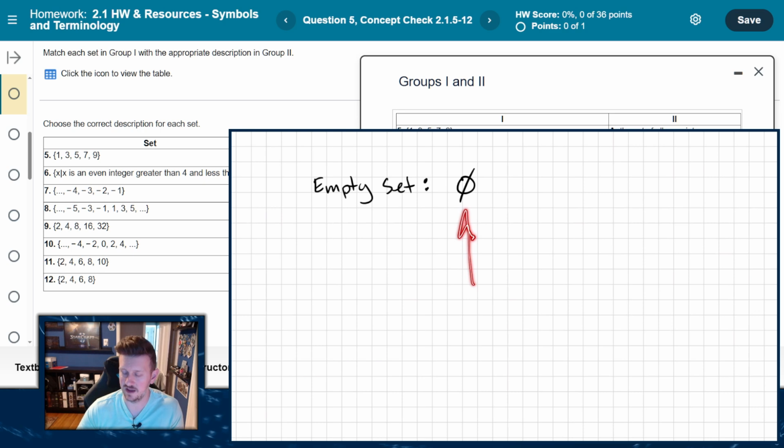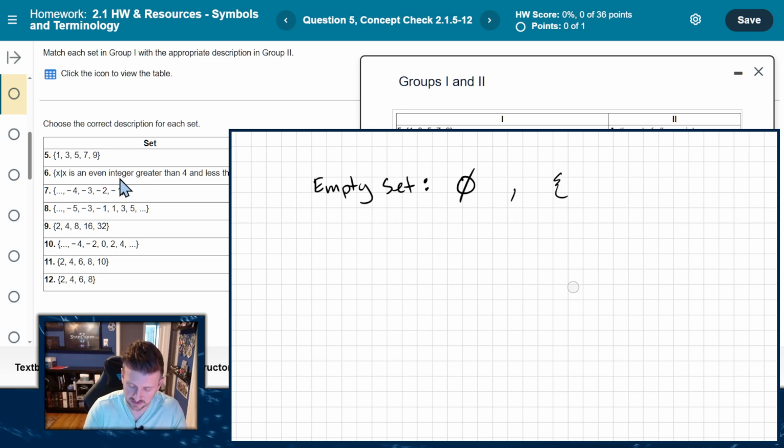That box is empty. Another way that we write the empty set is we'll just open with our set notation. Like you see on the screen, all of these start with a set bracket, put something in, and then end with a set bracket. That's how we do the set brackets.